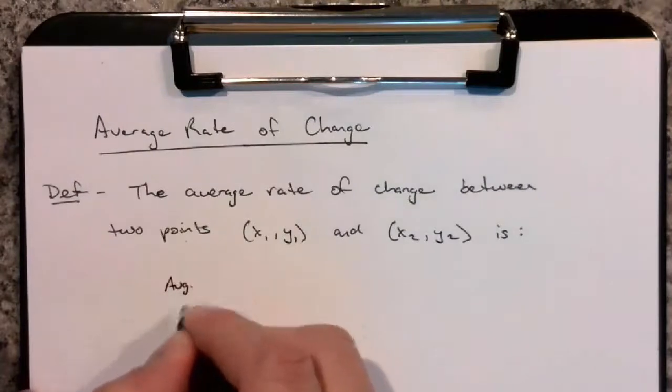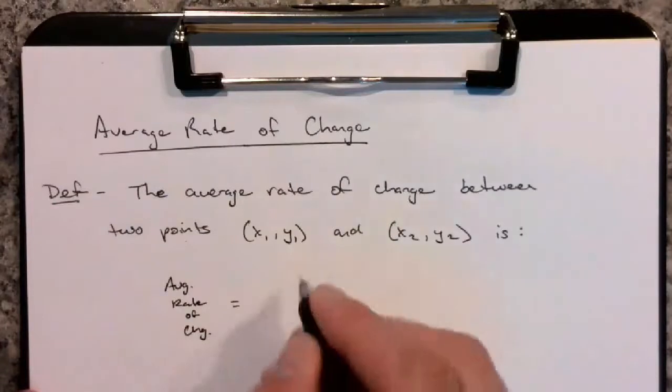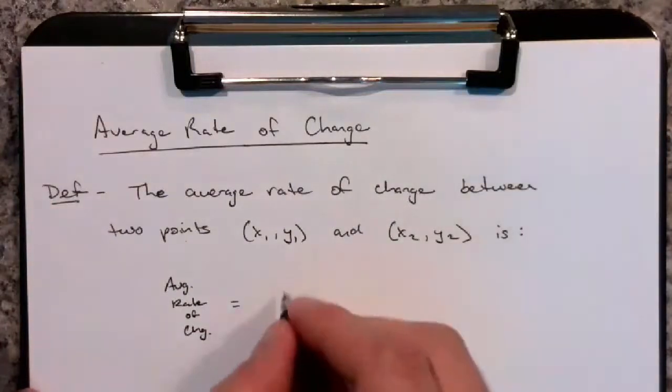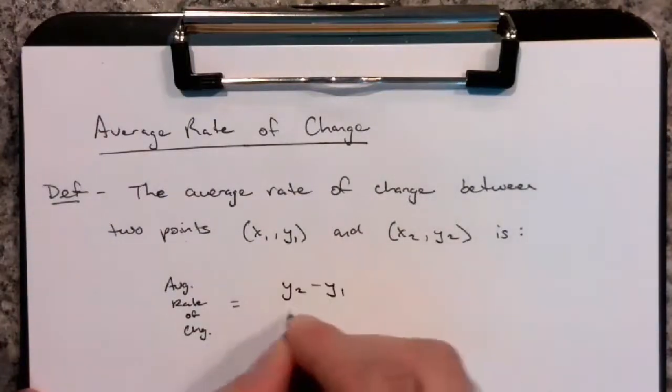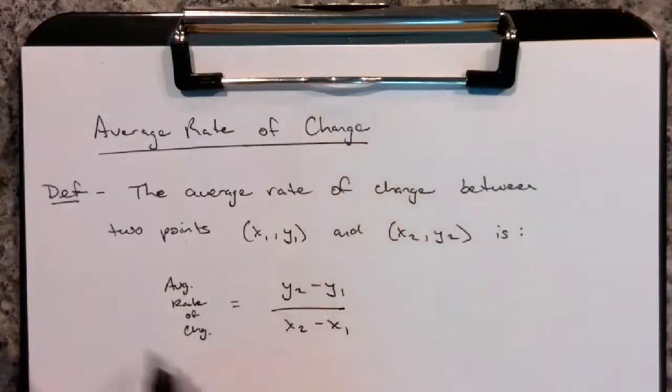So average rate of change is equal to the change in y, so y2 minus y1 over x2 minus x1. It's the slope formula.